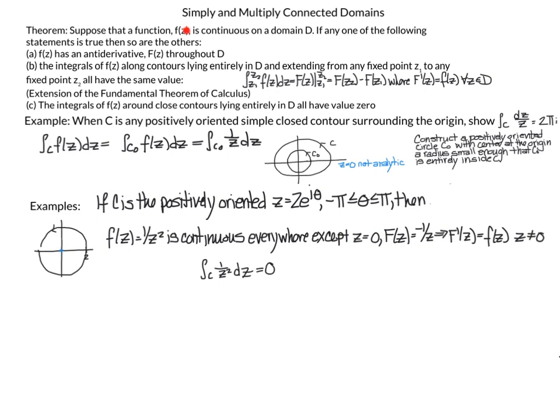And looking at our theorem, f of z has to be continuous on a domain. It doesn't say it needs to be continuous interior to any curve, but it says it's continuous on a domain, and f of z has an antiderivative throughout that domain.